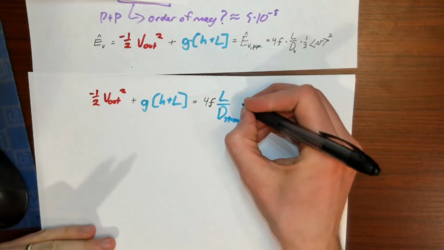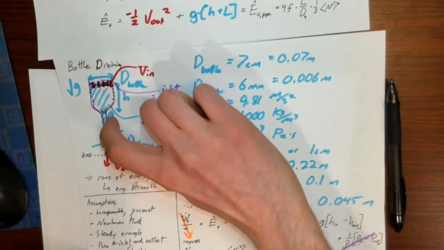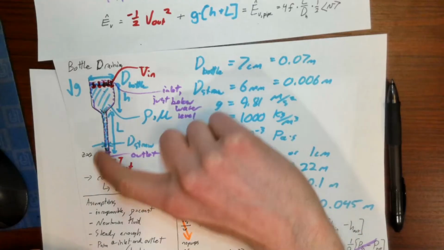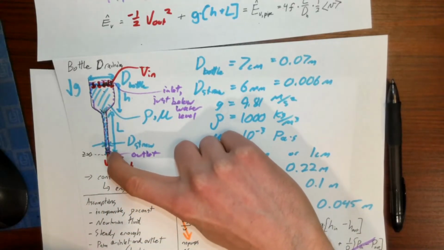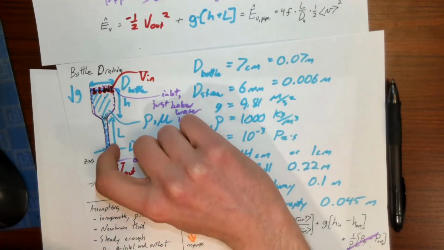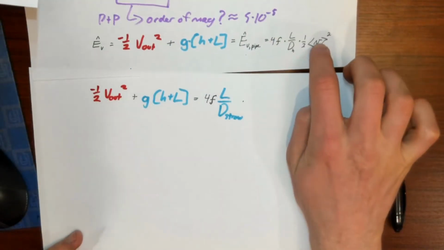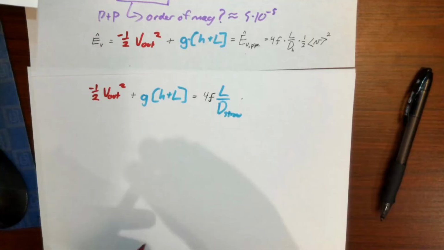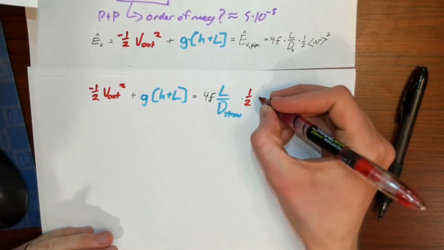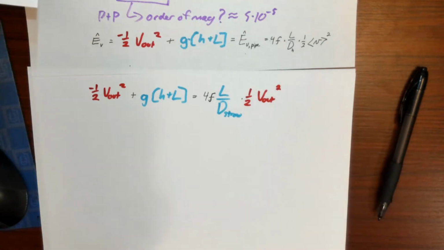And then we have a 1/2 V squared, and whatever average velocity we have in the pipe has got to be the same as the fluid exiting the pipe. The fluid doesn't all of a sudden radically change after it leaves the pipe. So the average velocity of the fluid in the pipe is just V out, and it's average velocity squared, so we square that, with the 1/2 out front.